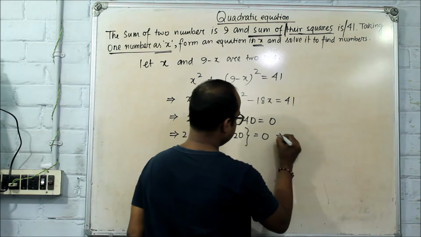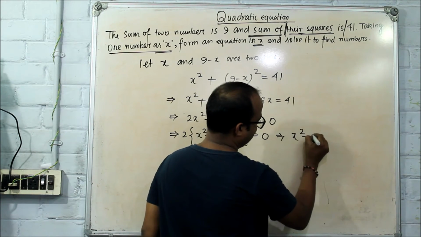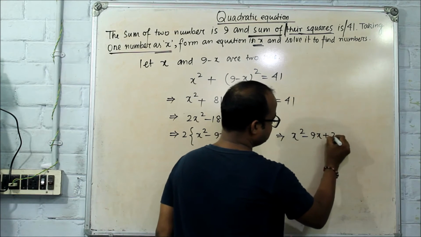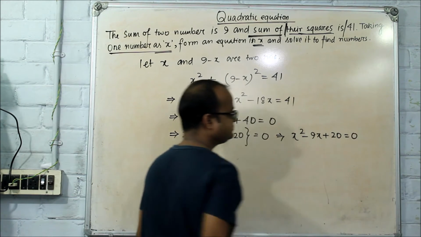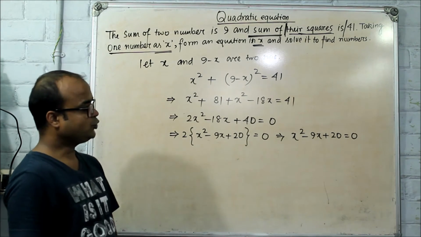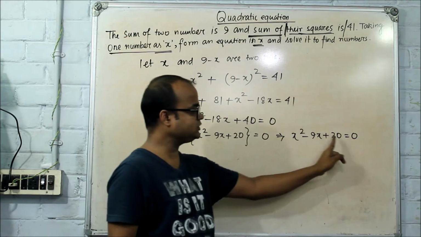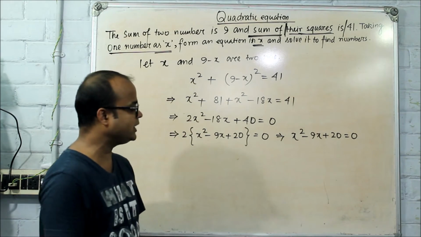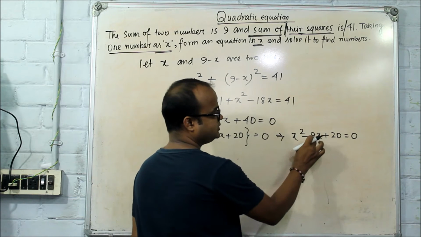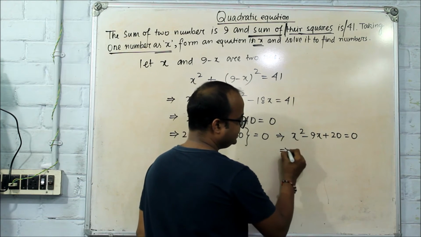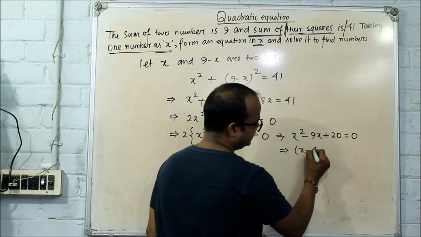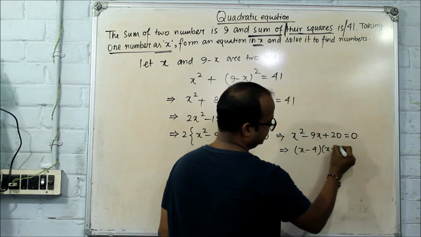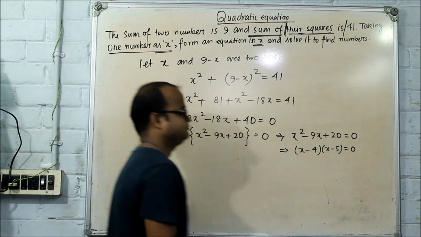So we are getting x square minus 9x plus 20 is equal to 0. 20 you need to divide into two parts such that their product is 20 and their sum is 9. So you will get x minus 4 and x minus 5 is equal to 0.